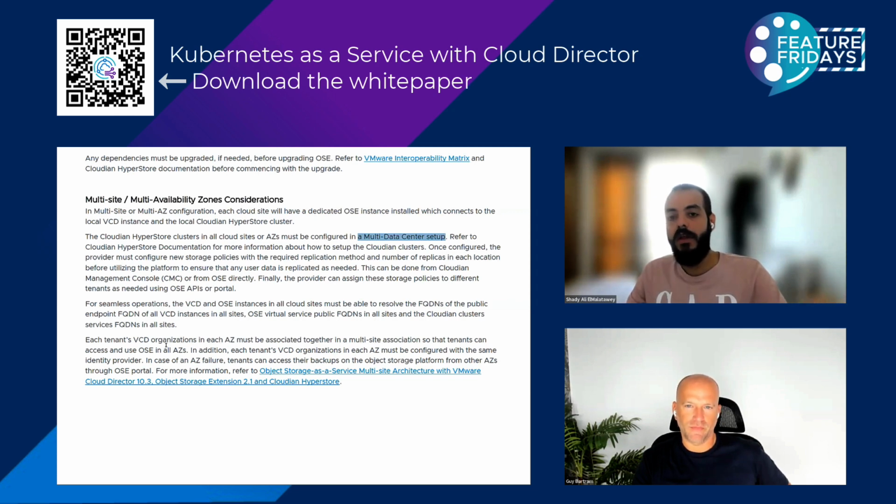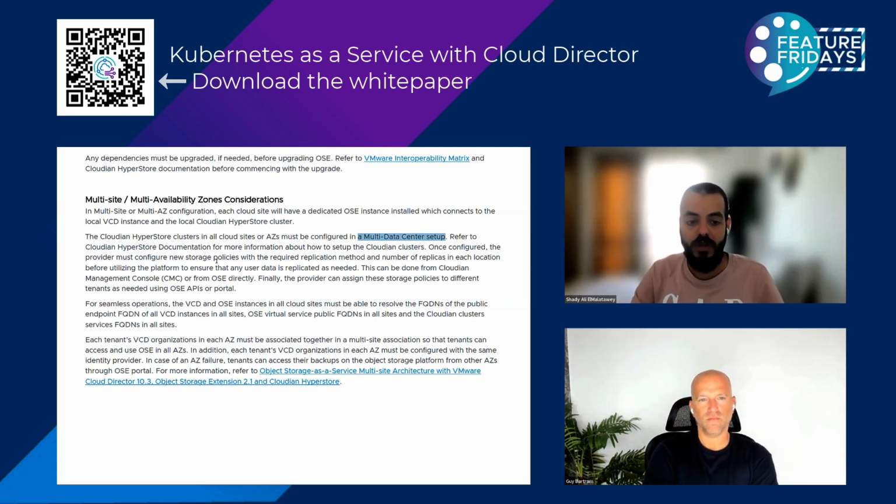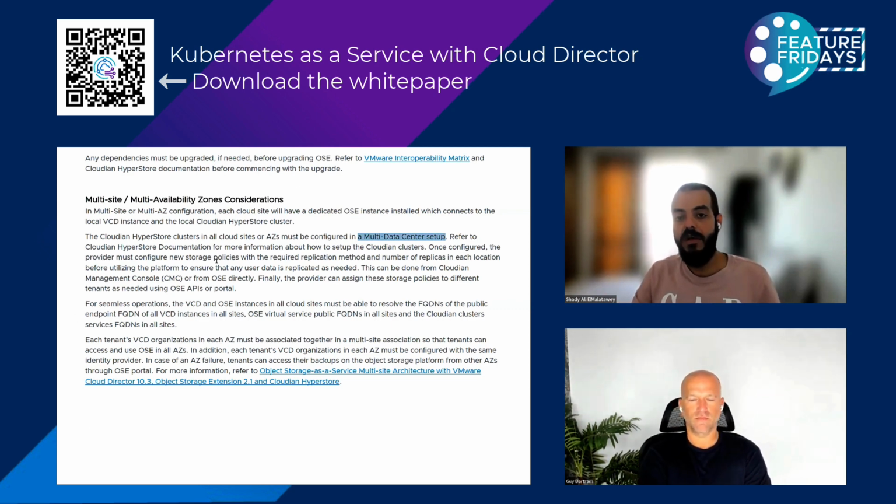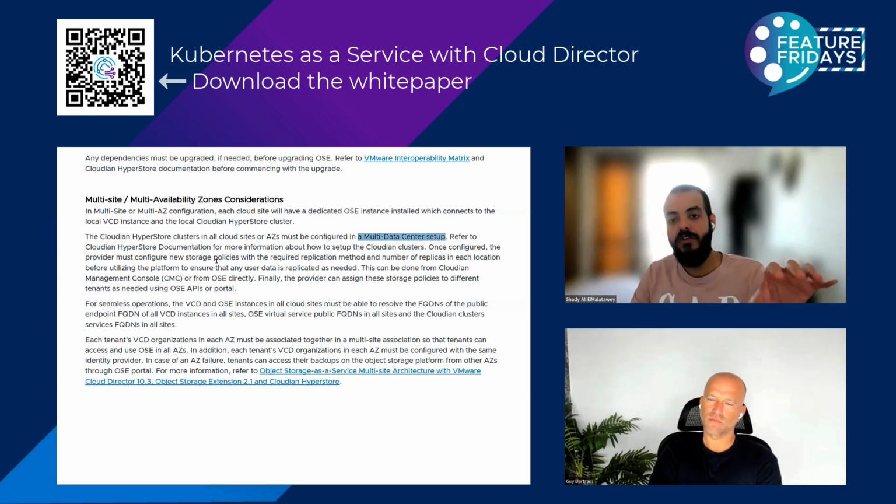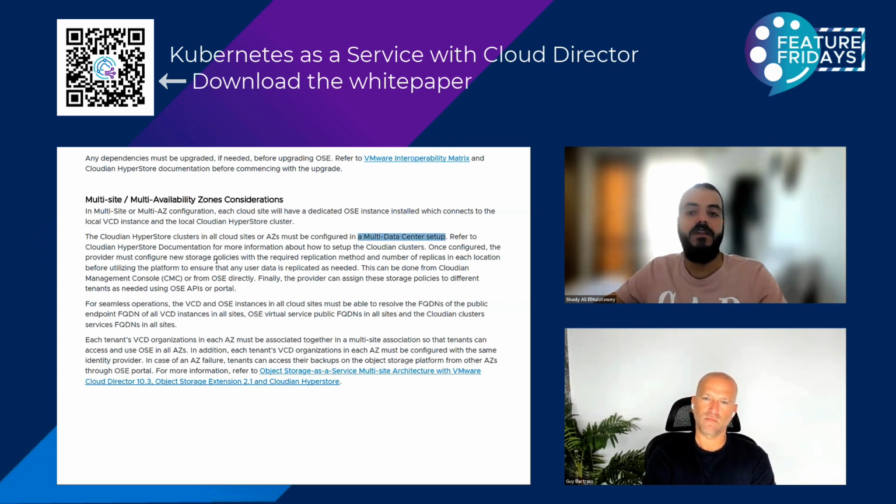If the user accesses OSE from site 2, they will find the data already there and can do read and write operations. That is typically what we use for backing up Kubernetes clusters to the object storage platform. The backup gets replicated, and if you need to restore in case of a disaster, you just restore from the second site.